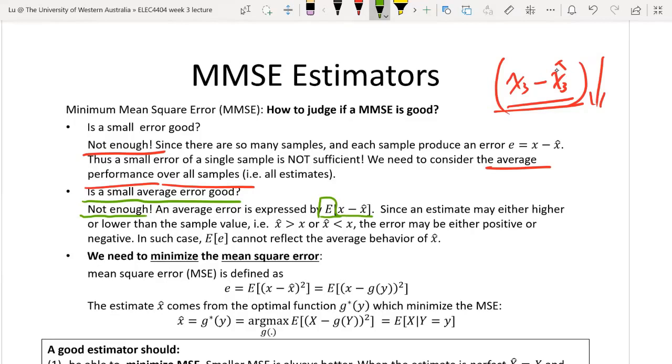Such higher or lower corresponds to a positive error or negative error. If you just calculate the expectation of such errors, x minus x hat or x plus x hat, whatever, these errors may cancel with each other, and the final result of such expectation cannot really reflect the average behavior of x hat.